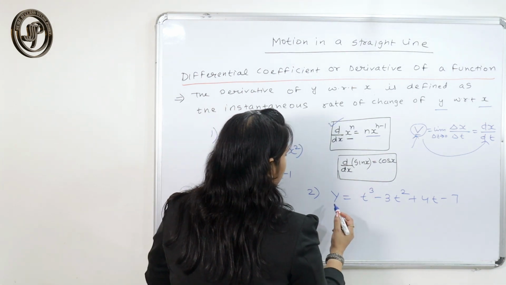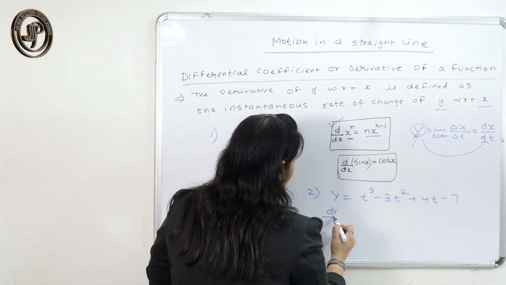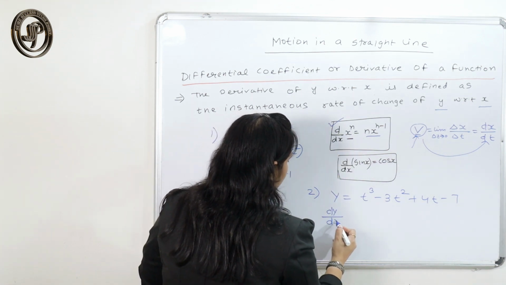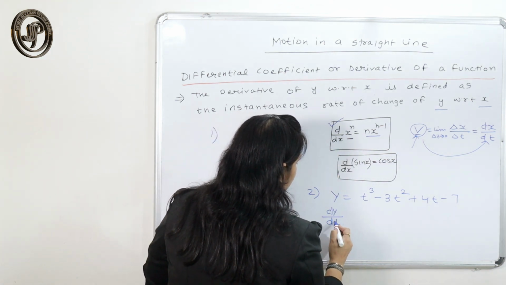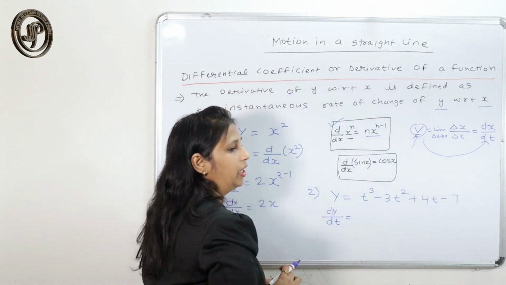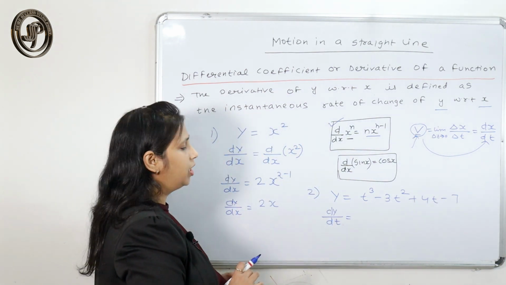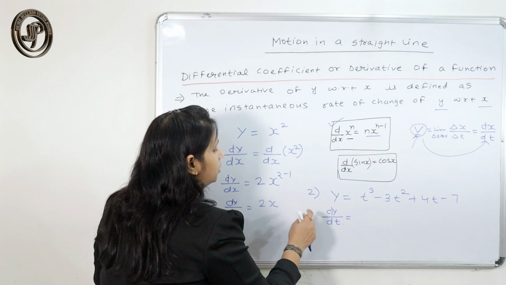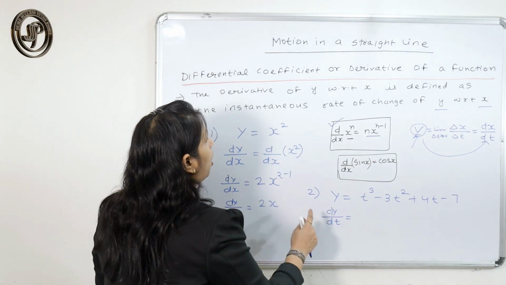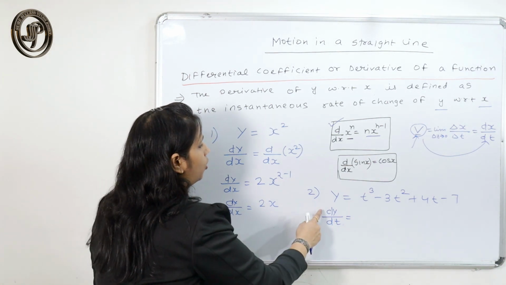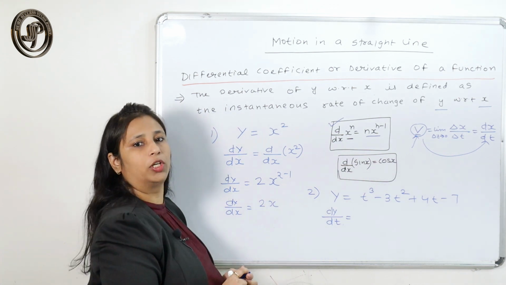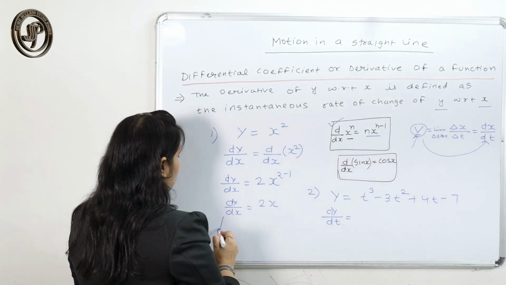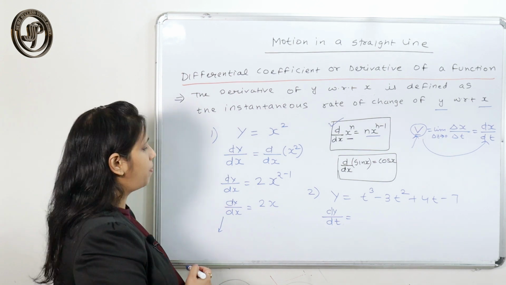Here I can use dy by dt, because this is a function of t. Here I am differentiating y with respect to t, so it is called the rate of change of y with respect to t. Earlier it was the rate of change of y with respect to x.